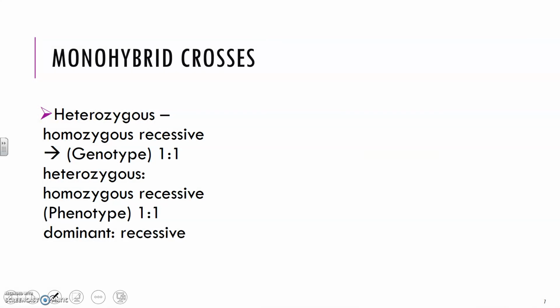Alright, heterozygous and homozygous recessive. We'll just switch to using an F. We have a heterozygous, which is capital F, little f, and we have a homozygous recessive, which is 2 lowercase f's.